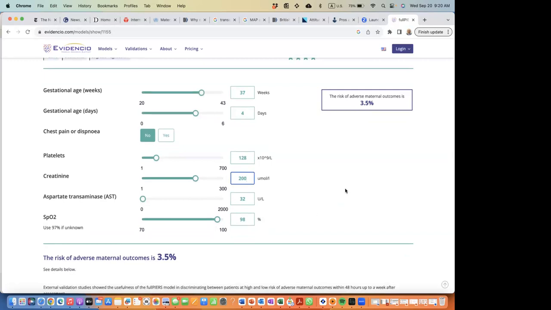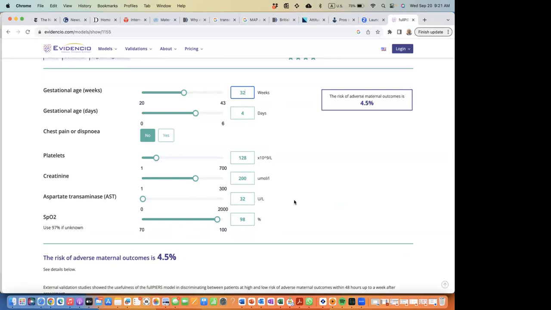So you change one parameter, or let's reduce the duration of pregnancy to 32 weeks. If at 32 weeks she has these parameters, the risk of adverse maternal outcome is 4.5%. So it varies with that.